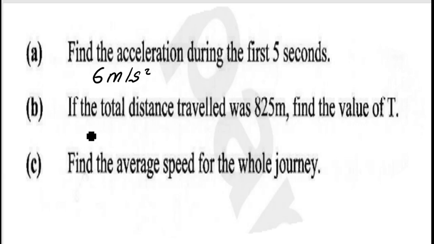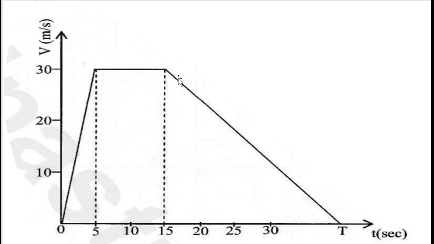The next question is saying, if the total distance traveled was 825 meters, find the value of t. So let us go back to our diagram. So if the total distance, because this graph, it being a speed or velocity time graph, it represents the distance.